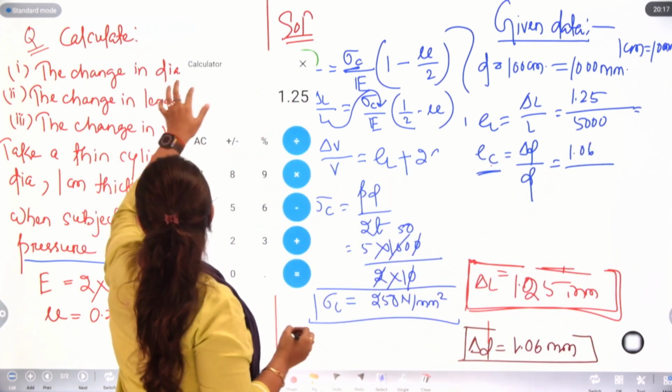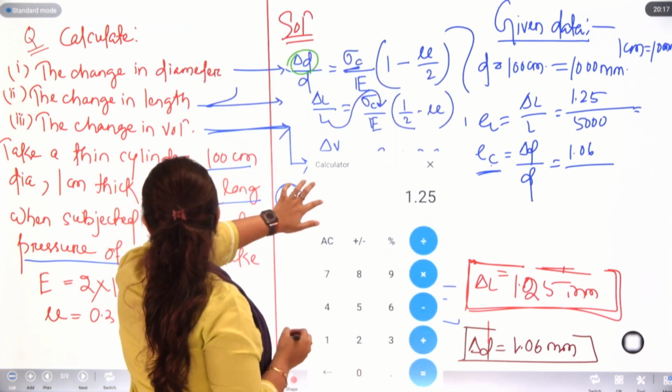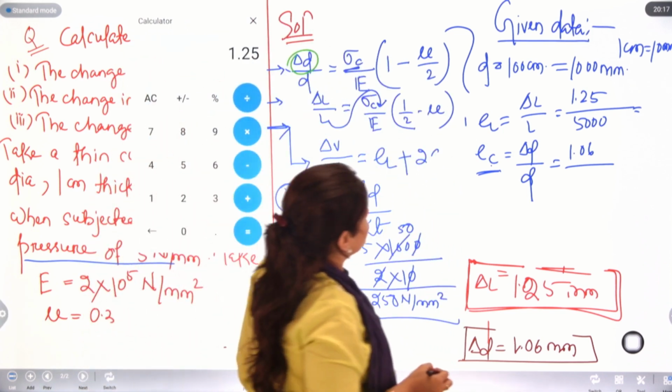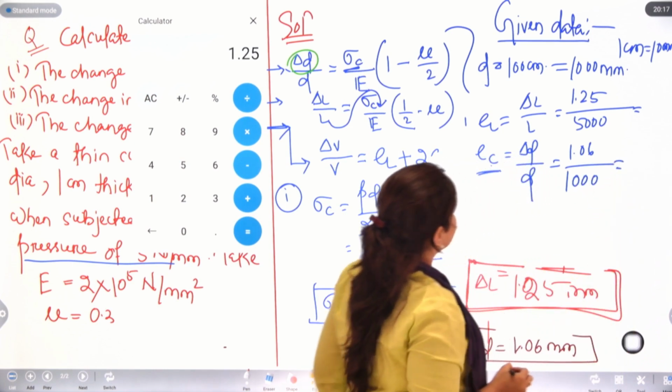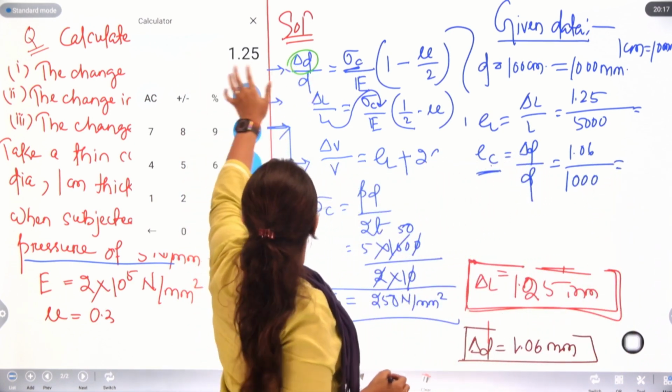Diameter is 100 centimeter. That will be 1000.